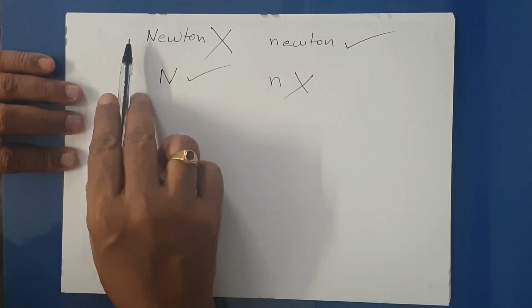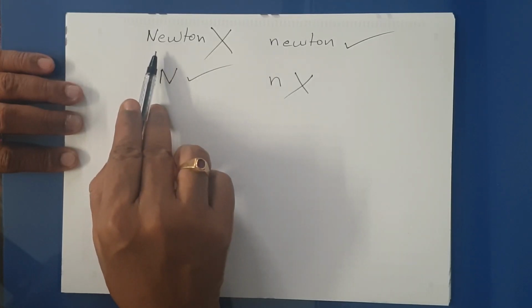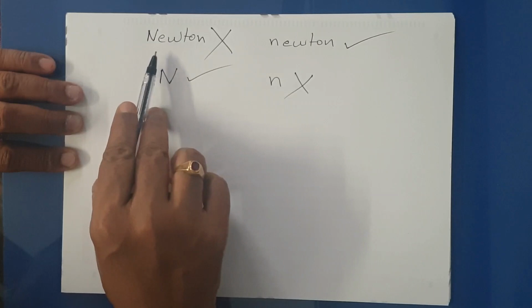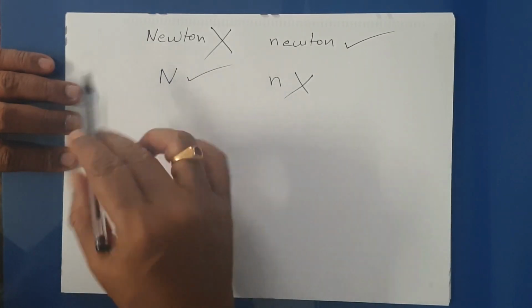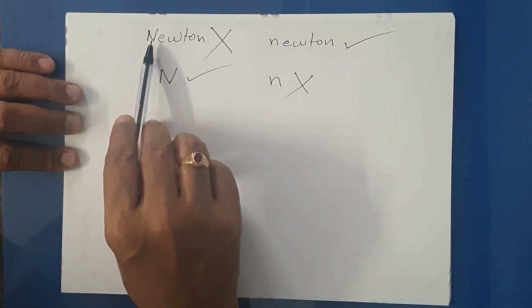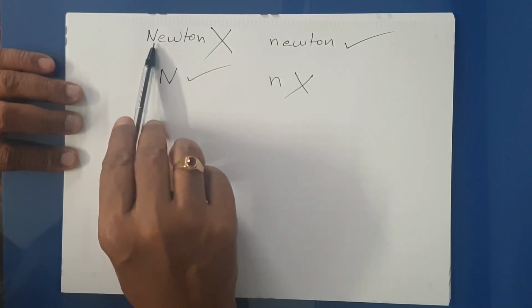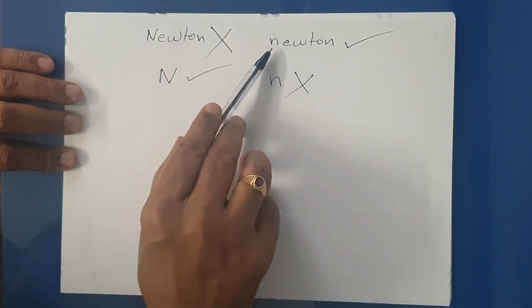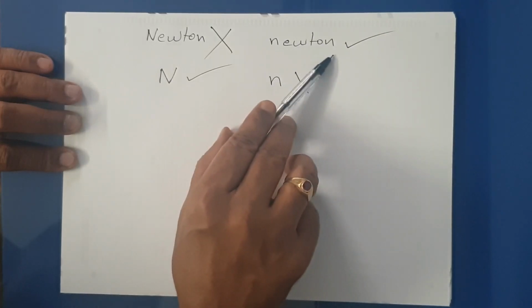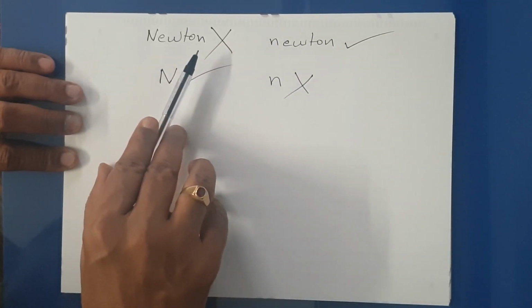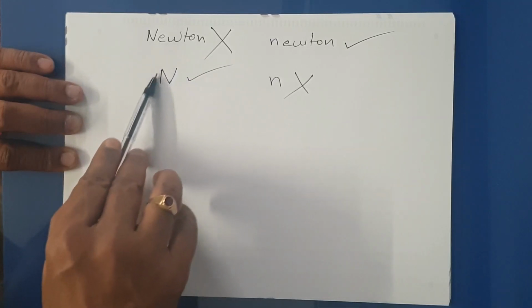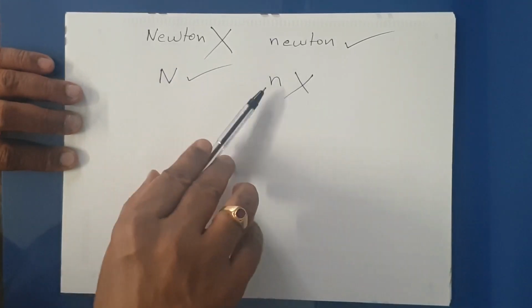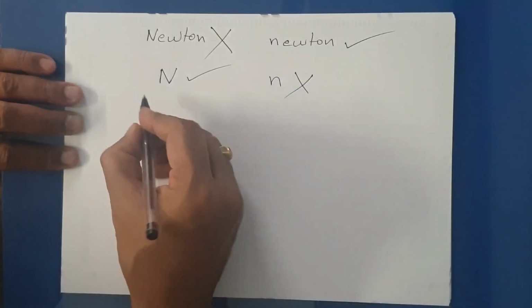If the unit is named after a scientist, for example newton, and you want to write down the unit, for example 50 newtons, just writing newton, the whole word, do not put capital, put all in small. And if you are writing the symbol of newton, the first letter has to be written in capital, not in small.